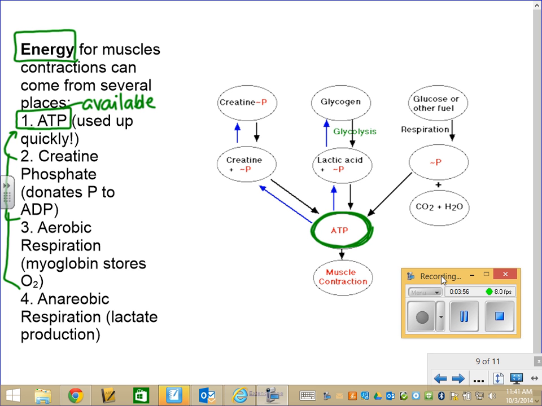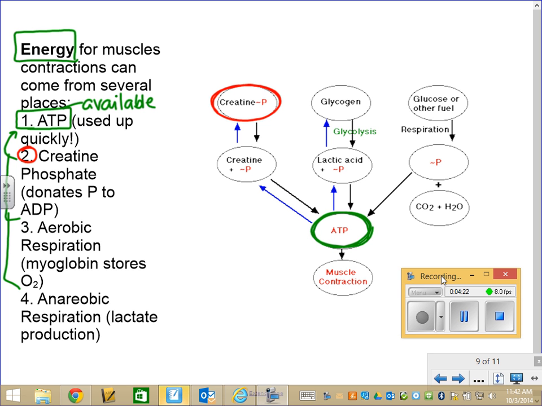So we have three other things that can all contribute to producing more ATP. One of the things is called creatine phosphate. Here it is up here. Creatine phosphate is a molecule that has a phosphate group on it.